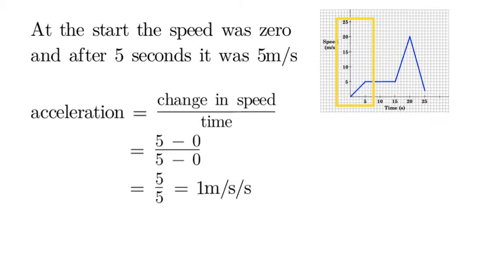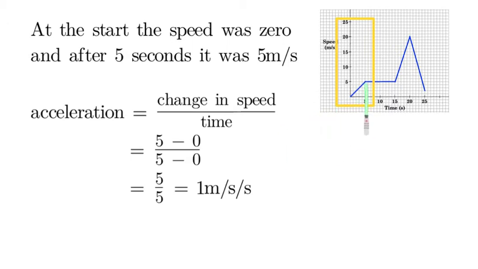This time I've used yellow, and we've got it up the top here. At the start, it was travelling at 0 metres per second at 0 time. After 5 seconds, there's my change of motion, so I'm going to stop at 5. After 5 seconds, it was travelling at 5 metres per second. If I've got a speed and a time, then the change of speed divided by the time it takes is my acceleration.